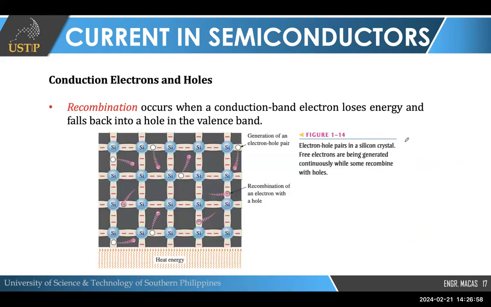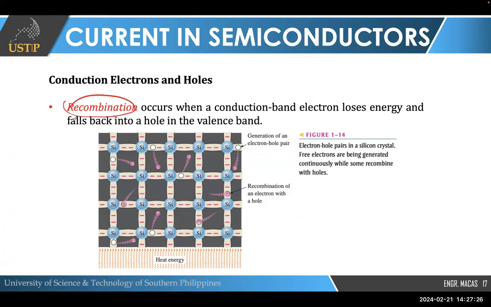Now, what happens when it loses energy? For example, it cannot sustain the external energy you applied. What happens is the electron will fall back into a hole in the valence band. It looks for an available hole and falls back, and the process is called recombination.